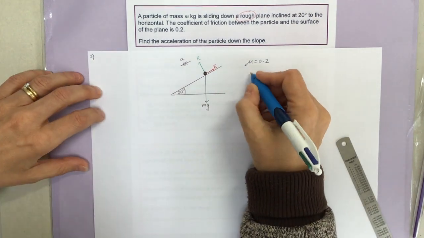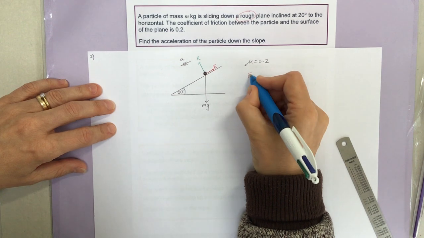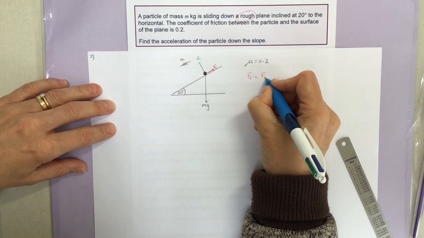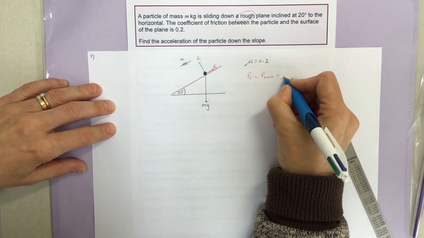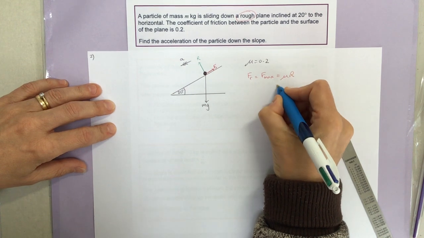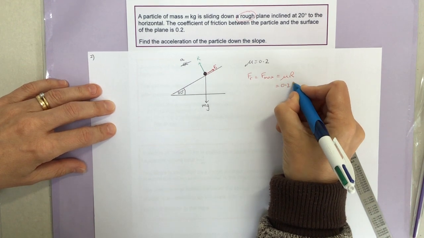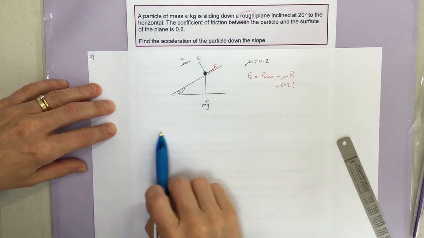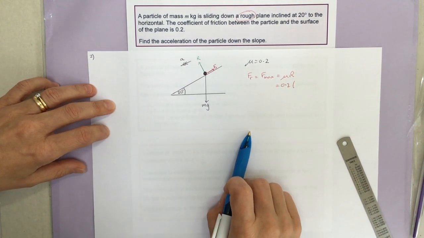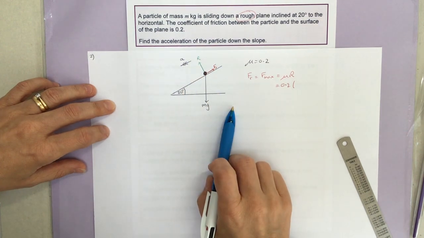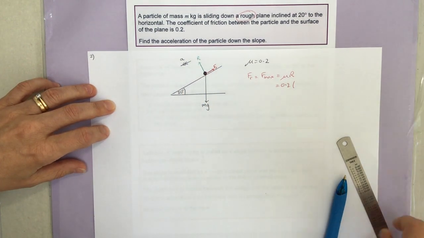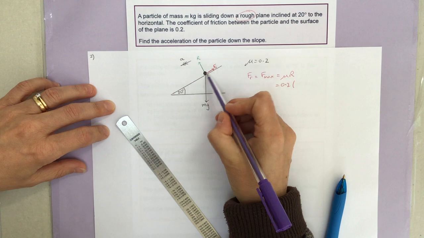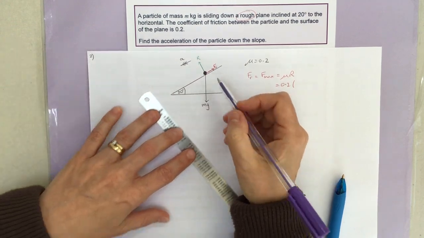And again in this question, because motion is happening, friction has reached F max, so that's going to be mu R, so that's going to be 0.2 times whatever R is, and then I'm going to do some resultant force equals ma equations down here, parallel and perpendicular to the slope. So parallel and perpendicular to the slope again. Friction is fine, it's parallel. Reaction is fine, it's perpendicular.